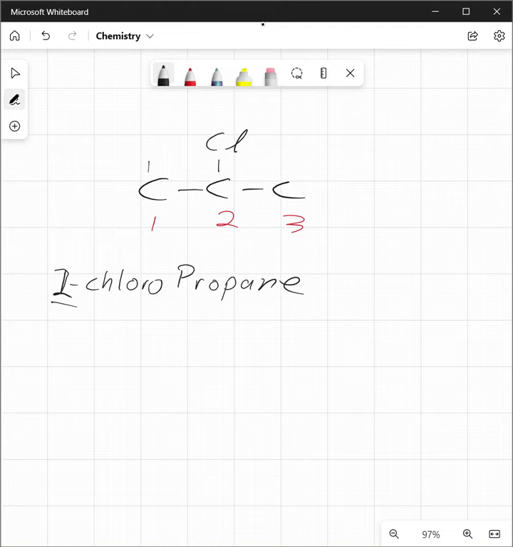Now I'm going to ask you a little bit of a trick question. I'm going to tell you ahead of time. Now what do I have? Propane. It's still propane.